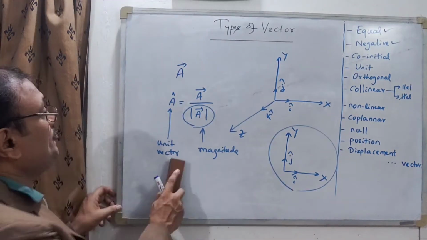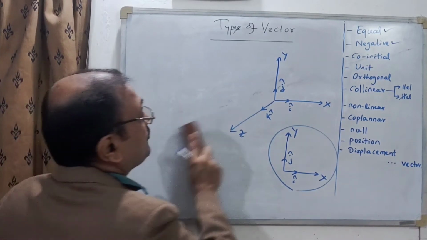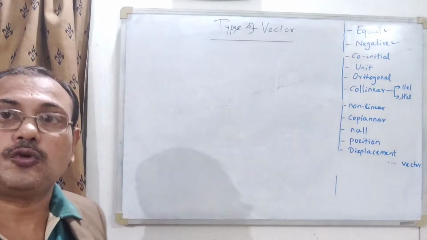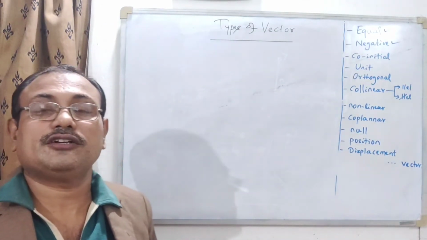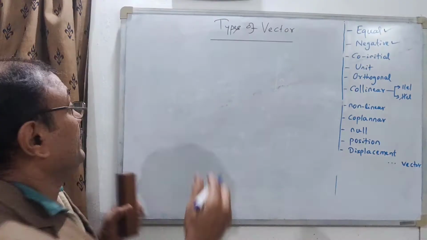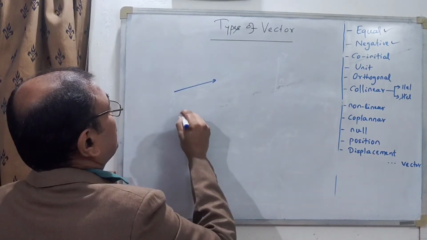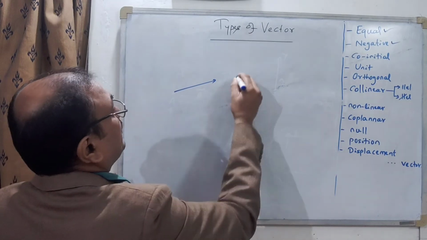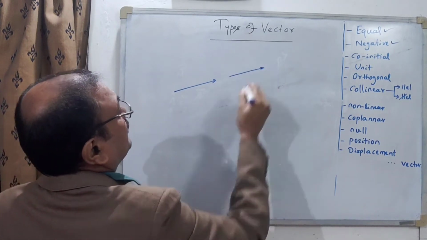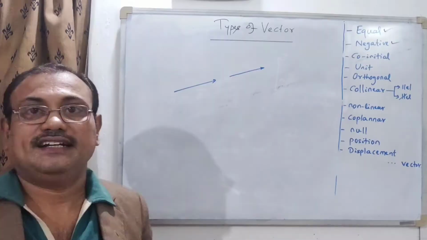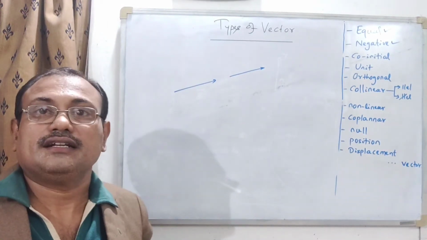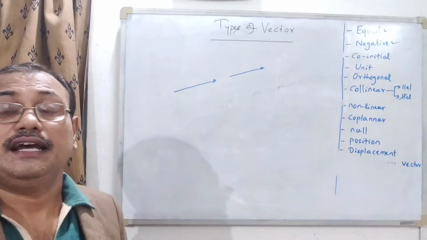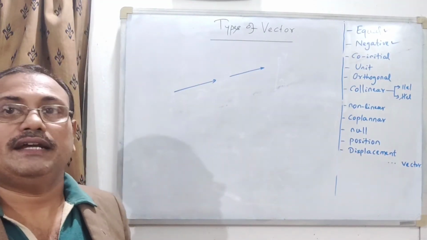Now coming to collinear vectors. What are collinear vectors? Collinear vectors are those which lie on the same line. They are called collinear vectors, and collinear vectors can be parallel or antiparallel.